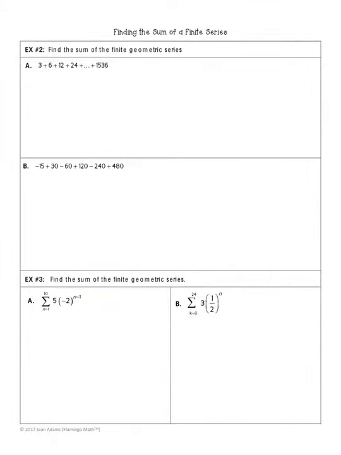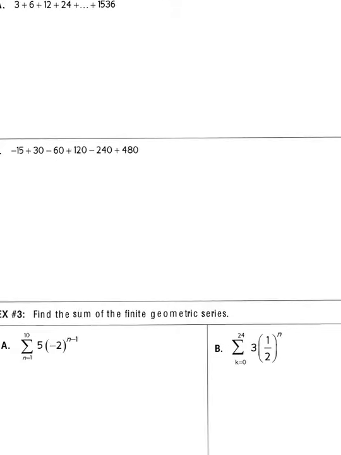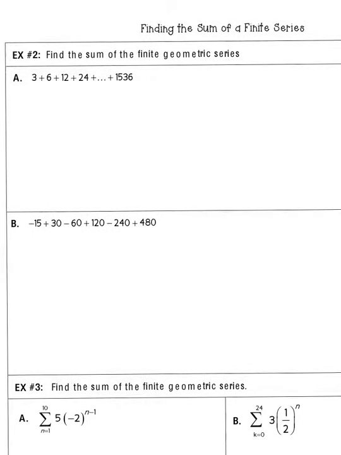All right, so then let's look at the next example. In example 2, you are to find the sum of the finite geometric series, so we're using that first formula. The problem is I don't know in this case how many terms I have. I don't know what position in the sequence this particular term is, so that's one thing that I'm going to have to find.